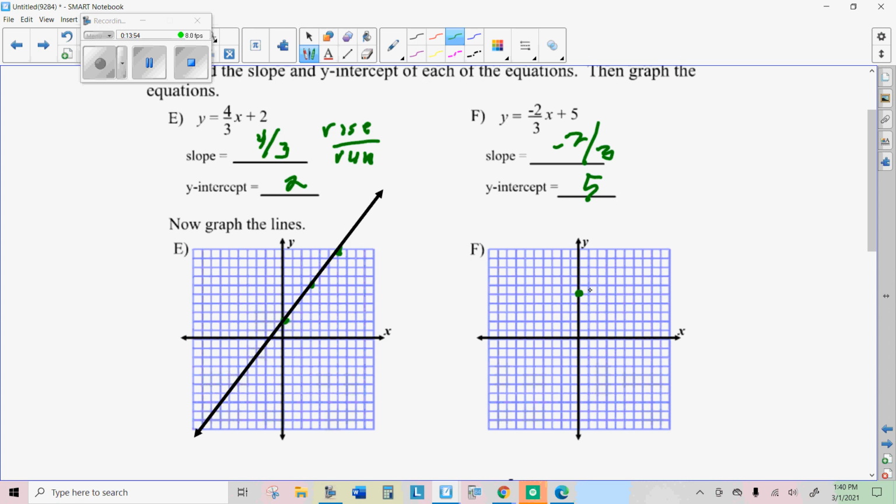And a negative direction takes me this way. So I'm going to go down 2 over 3. Make sure you have your rise and run correctly. Okay, and then I can go ahead and draw the line. Go through those dots.